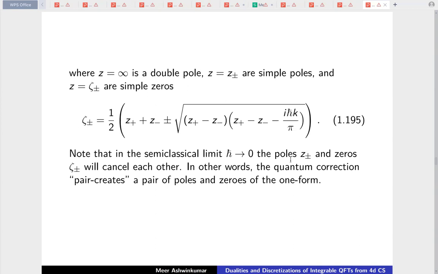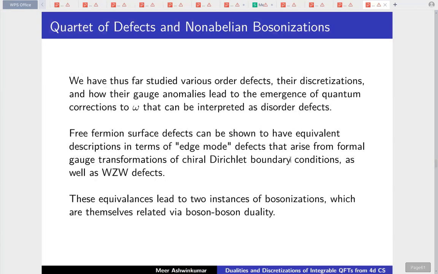And there is an important implication of this emergence of disorder defects. This is essentially the bosonization that I mentioned earlier. So in this setup, we are not going to consider discretization. Rather, we're going to consider the equivalence of surface defects without considering their discretizations. This will also involve the gauge anomaly we just had a look at. In particular, how we do this is to start with the free fermion surface defect and compute its effective action.